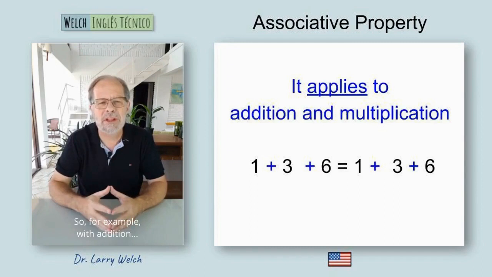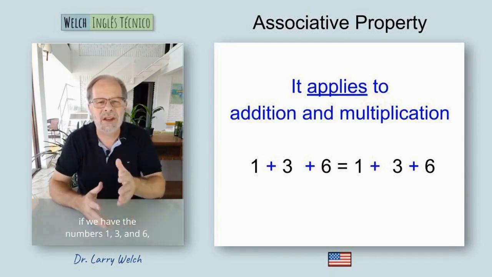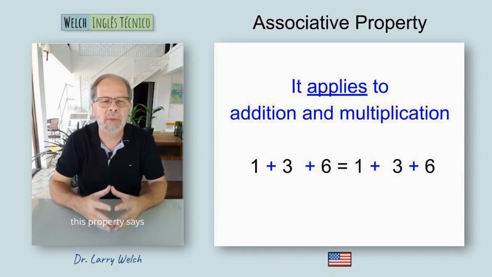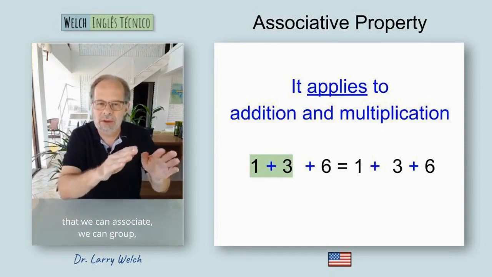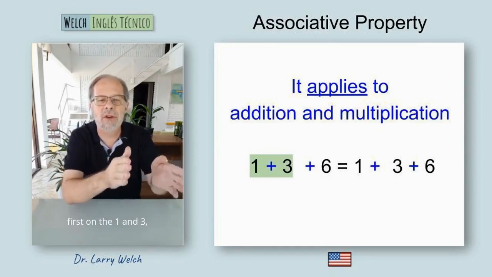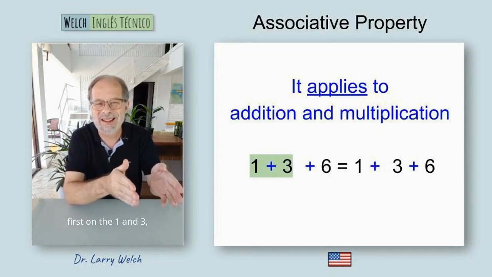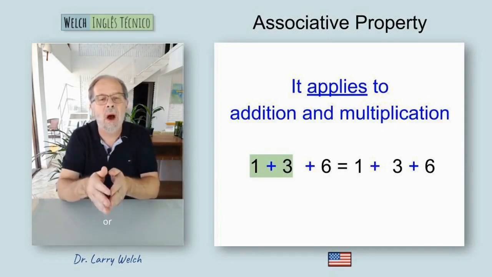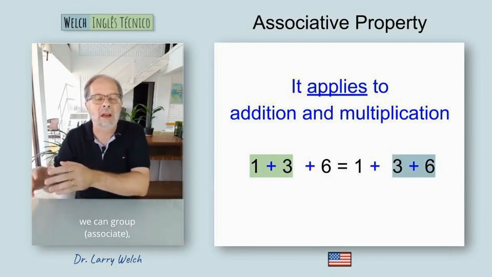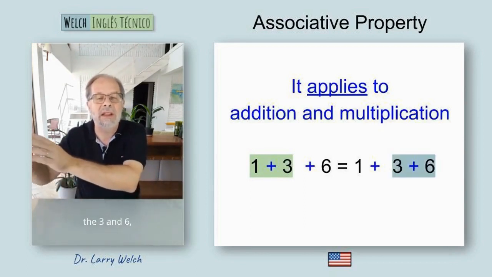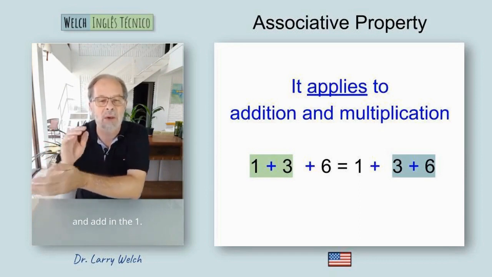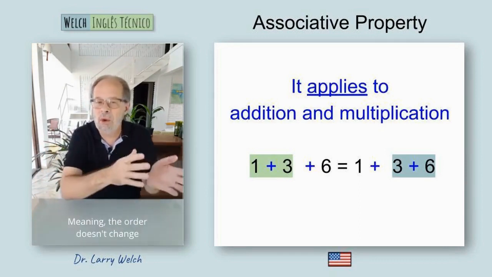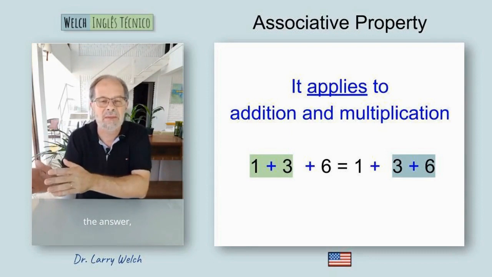So, for example, with addition, if we have the numbers 1, 3, and 6, this property says that we can associate, we can group, we can perform the operation first on the 1 and 3, and then add in the 6, or we can group, associate the 3 and 6, and add in the 1, meaning the order doesn't change the answer.